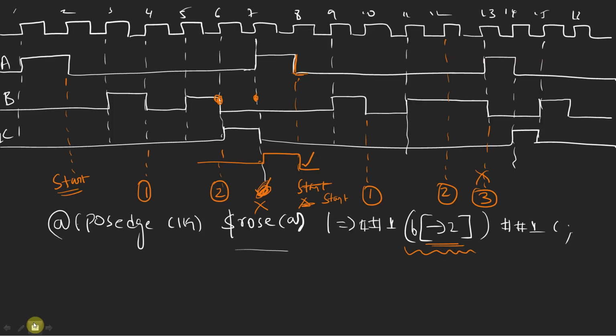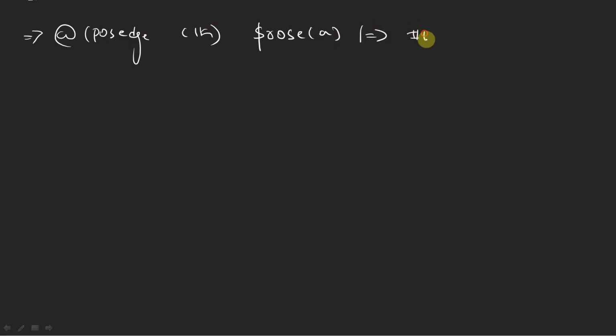We can also use a range with our go-to repetition operator. For example, if we want @(posedge clock) $rose(A) |-> ##2 B, we can specify the range like this, 1:3.